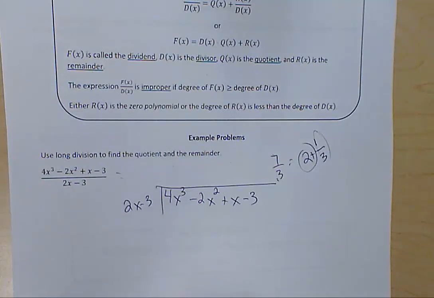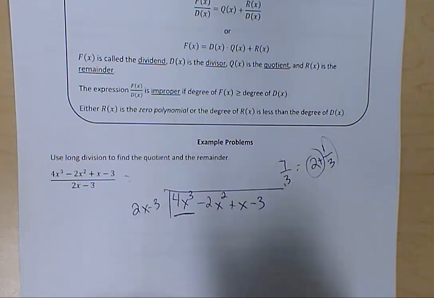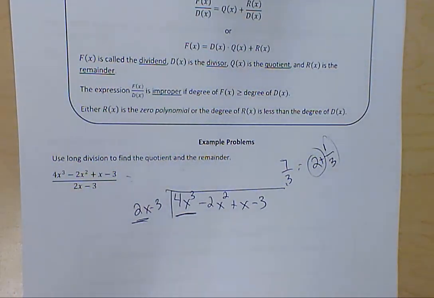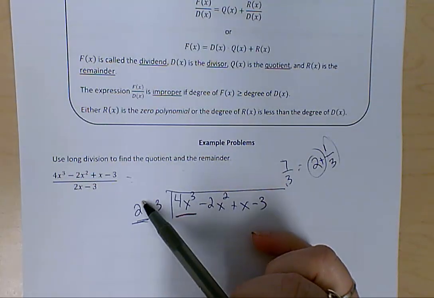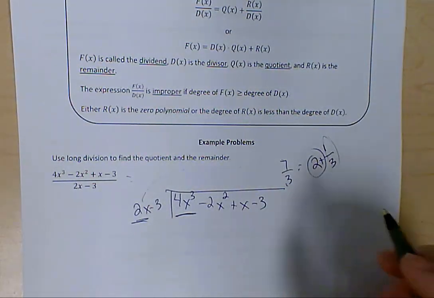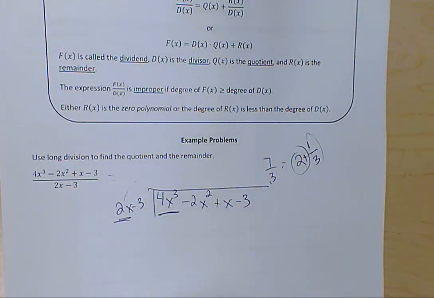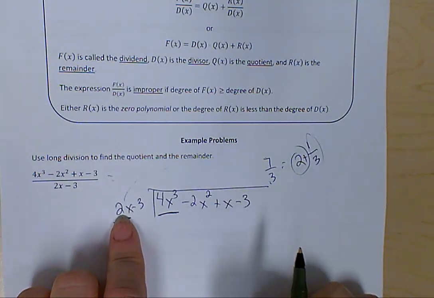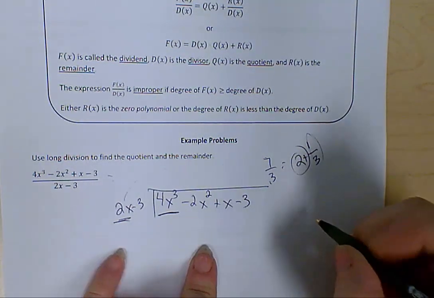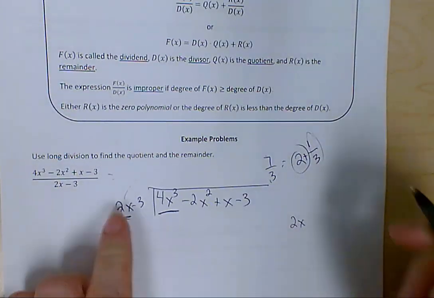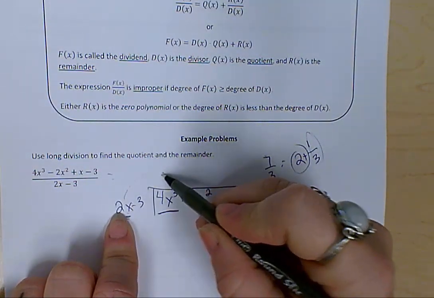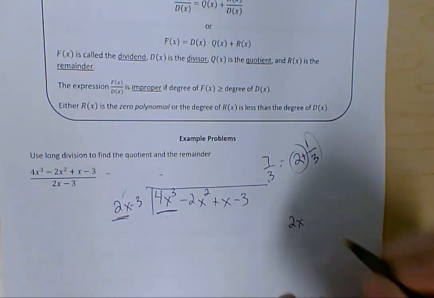Now, when we do long division like this, we focus on the leading terms of our dividend and our divisor. So that would be the 4x cubed and the 2x. And we want to divide 2x into 4x cubed. Keep in mind, multiplication and division go hand in hand. So it's also 2x times what would give me 4x cubed?